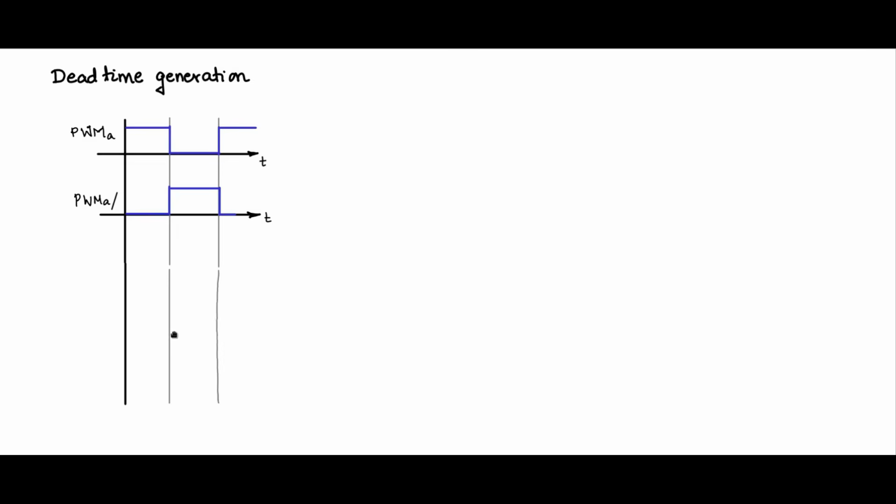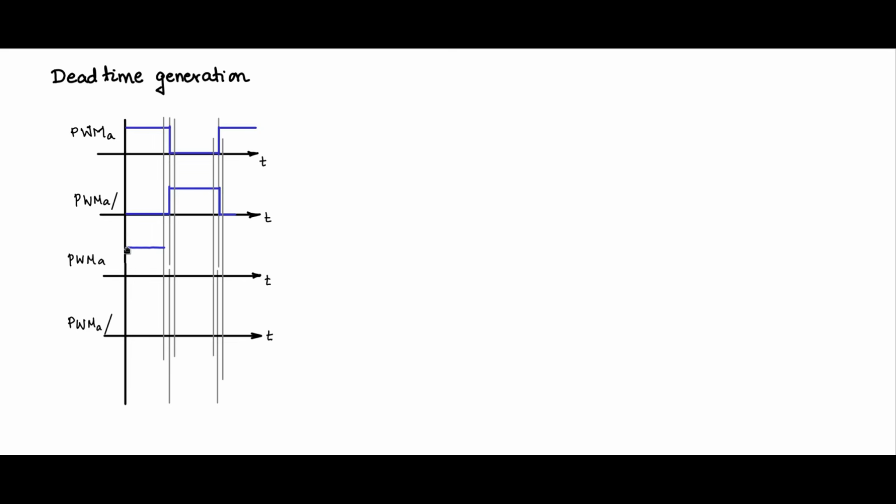And what is it that we expect? Let me make some space here. So what is the new PWM A and PWM A bar that it should look like? Let me create a deadband zone, and during this zone, both PWM A and PWM A bar should be low, which means both the associated switches Q1 and Q2 should be off.